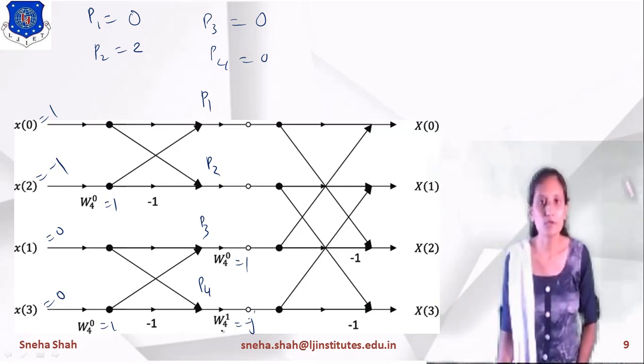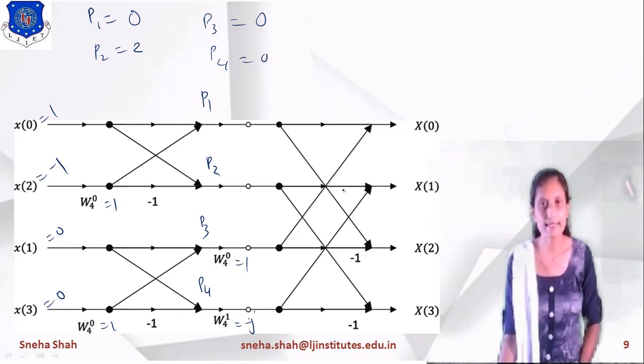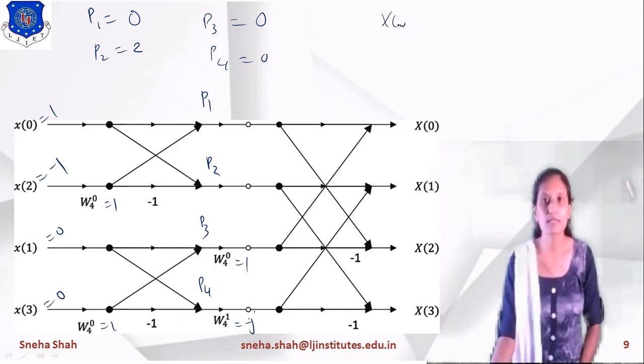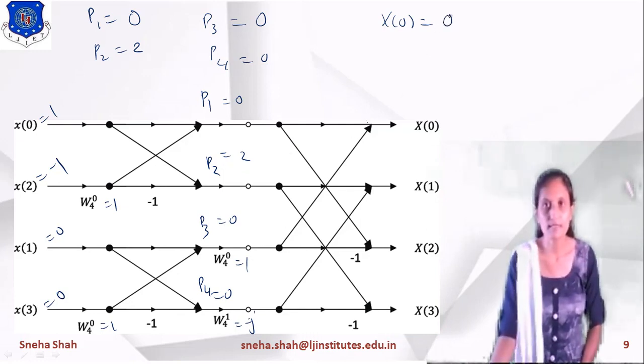Now this p1, p2, p3, p4 goes into the second stage. So what is the value of x of 0? It is p1 plus this one. I am writing the values of p1, p2, p3, p4 here. This value gives 0 and this one is 0, so 0 plus 0 means 0.